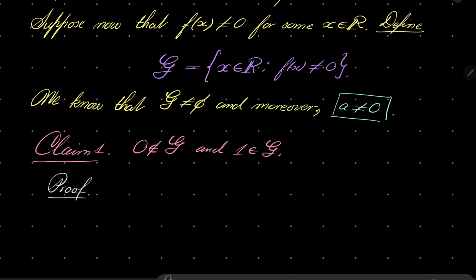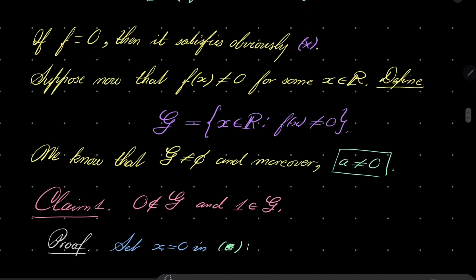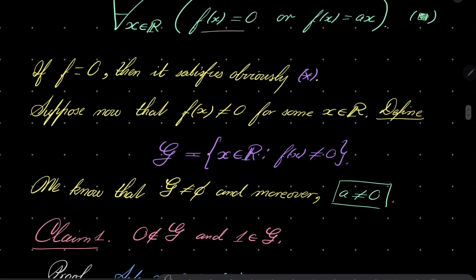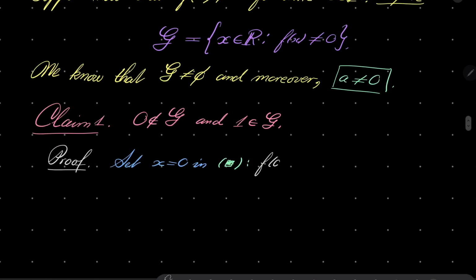Well, 0 cannot be in G, because notice that setting x to be 0 in our condition square, we'll get the following. f of 0 is either 0 or f of 0 is 0. f of 0 is 0, so 0 is not in G.